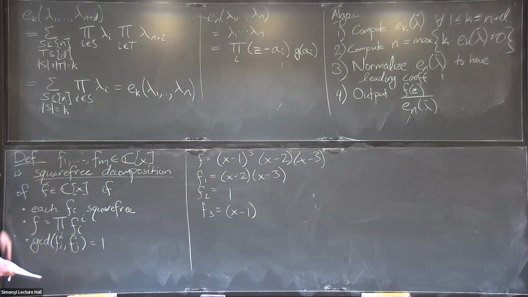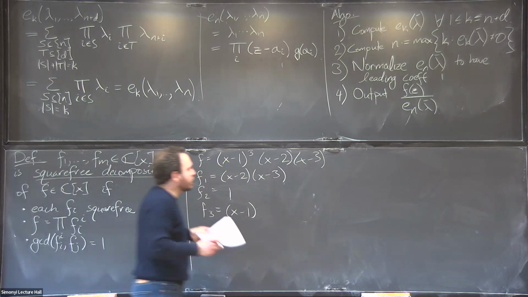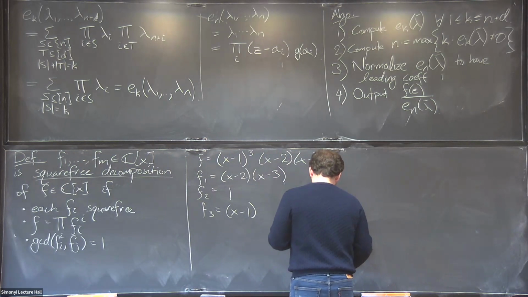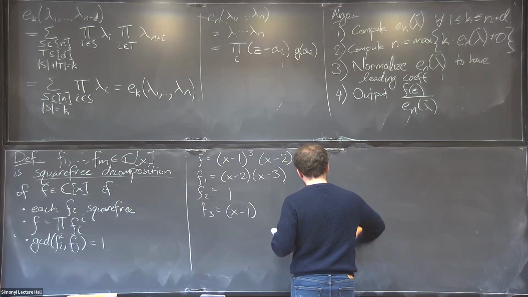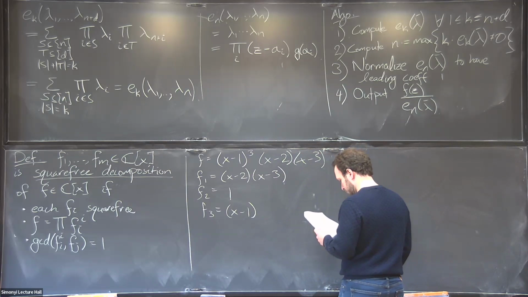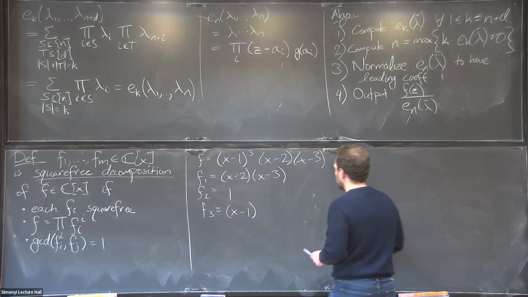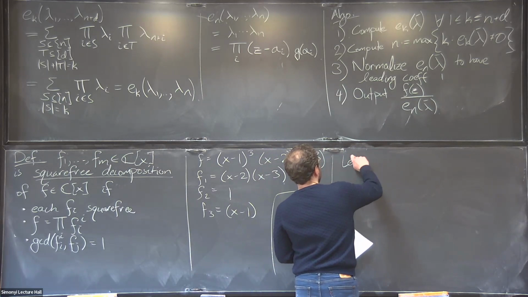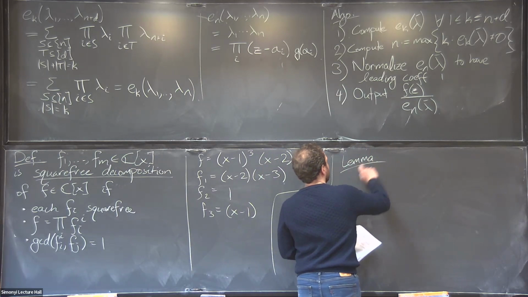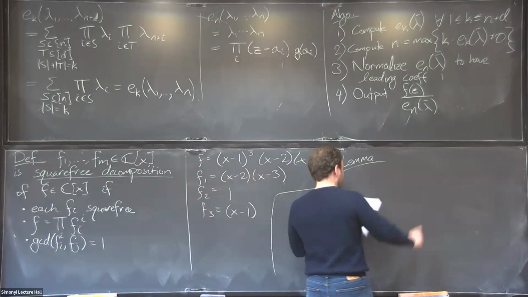And what we're going to do is reduce to the square-free case by computing this decomposition. If we can do that, then we'll be able to do something with the GCD. So here's what we have.